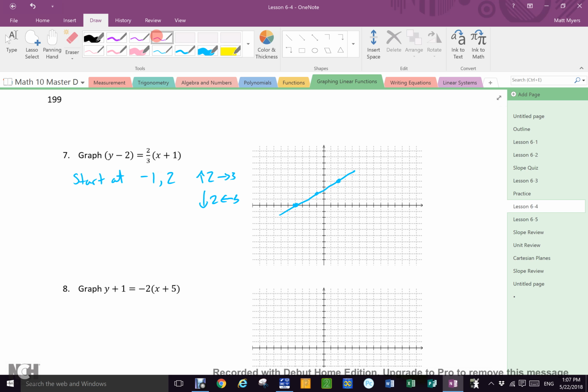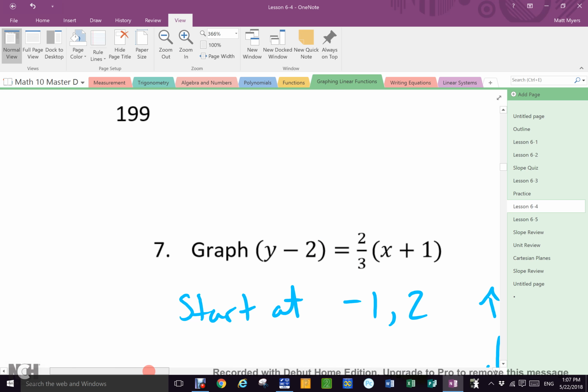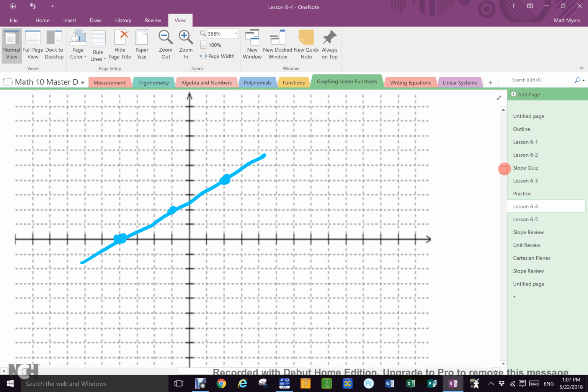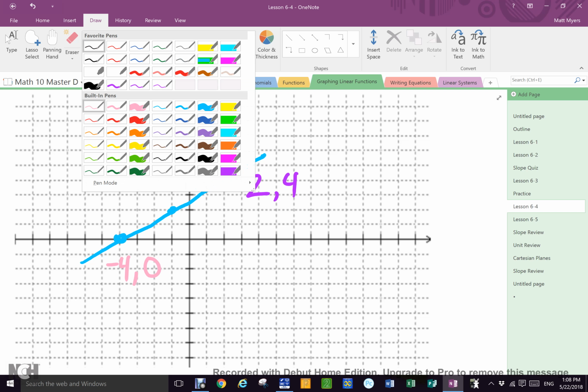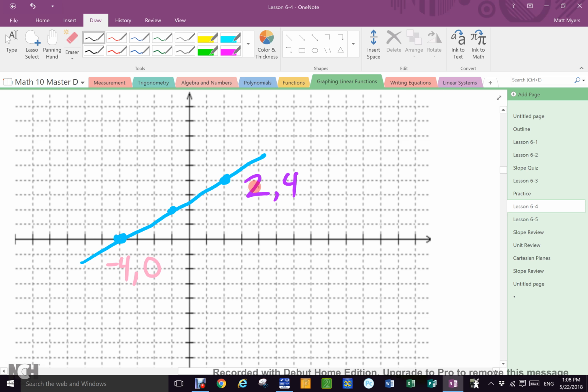Now, what are the coordinates of that dot? 2, 4, correct? What are the coordinates of that dot? -4, 0. Does everyone agree? That is what value in X or Y?